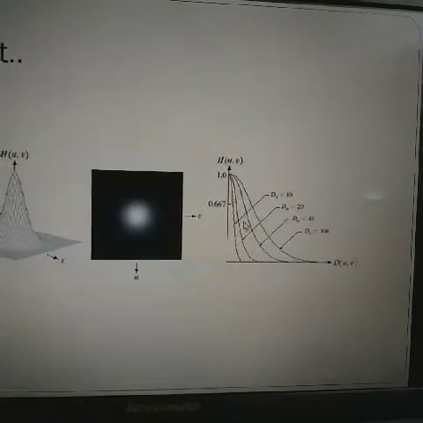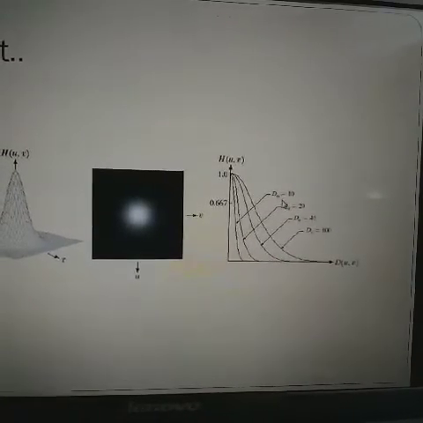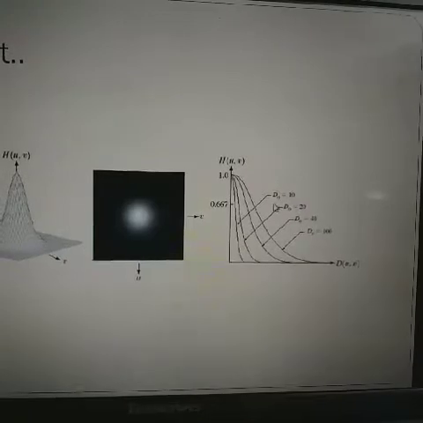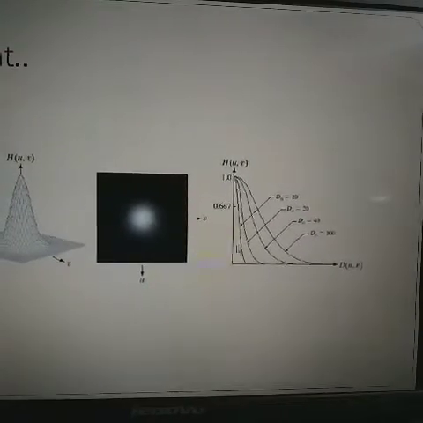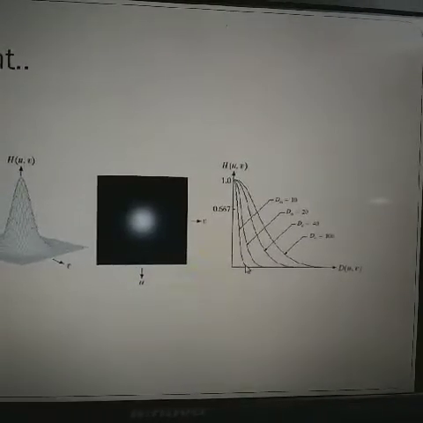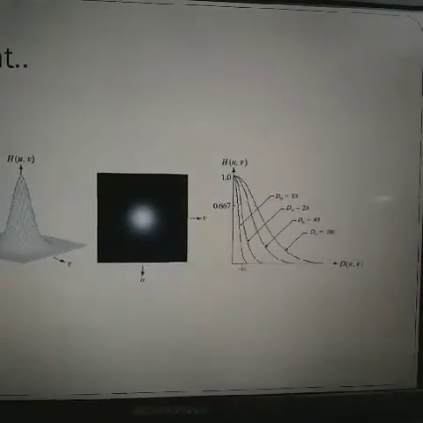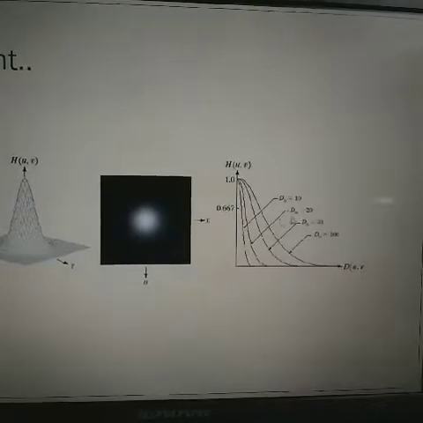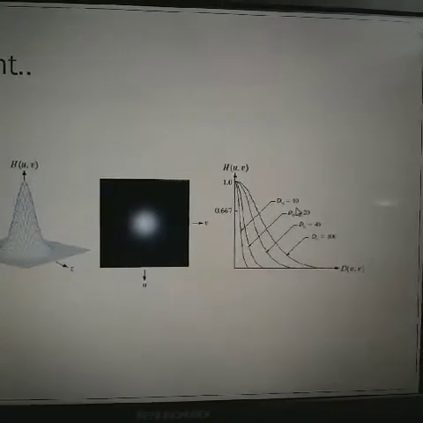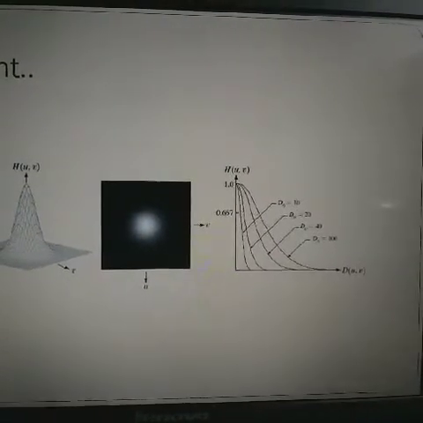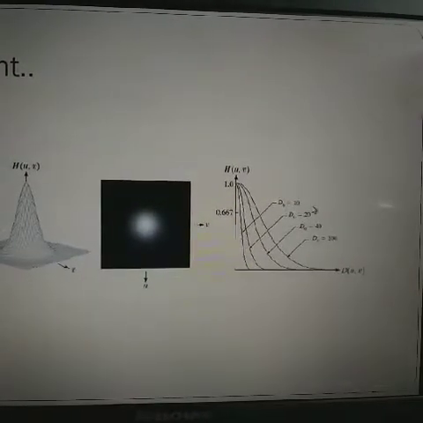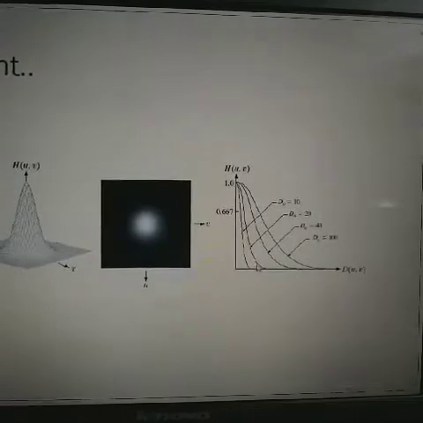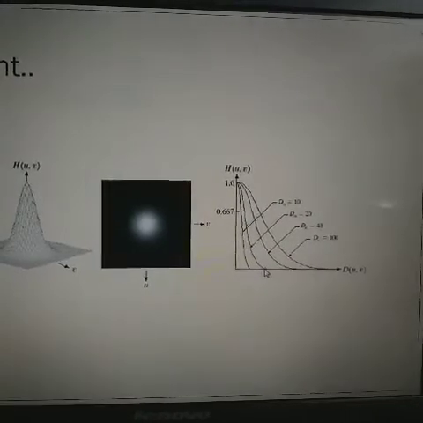We get different curves when the D naught values are different. For example, if D naught is 10, then the graph is represented like this, nearest to the origin. When D naught increases, for example from 10 to 20, the result moves further from the origin.